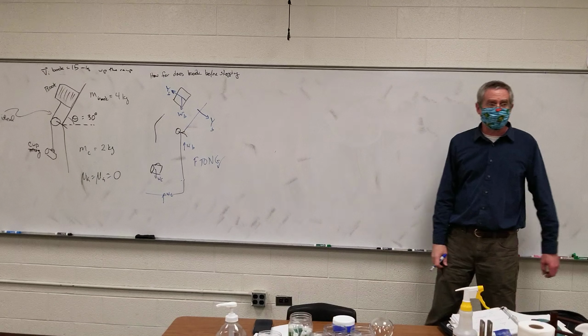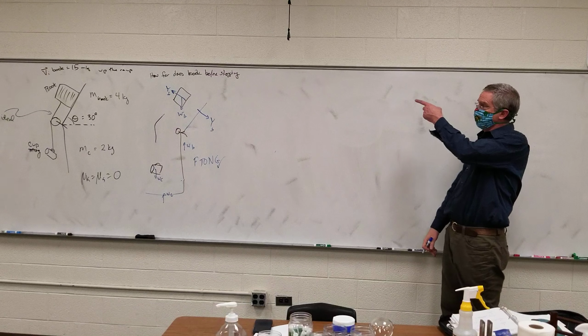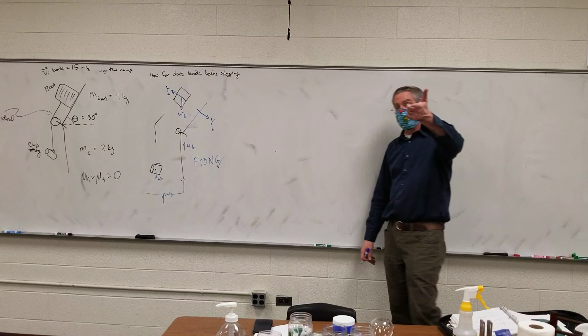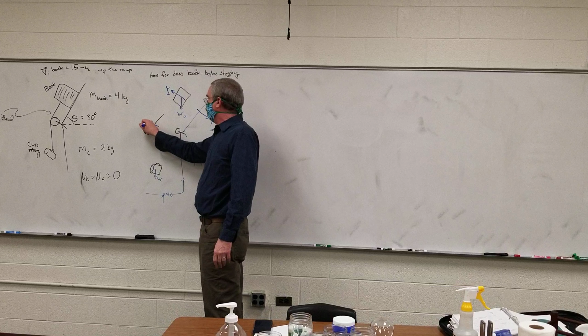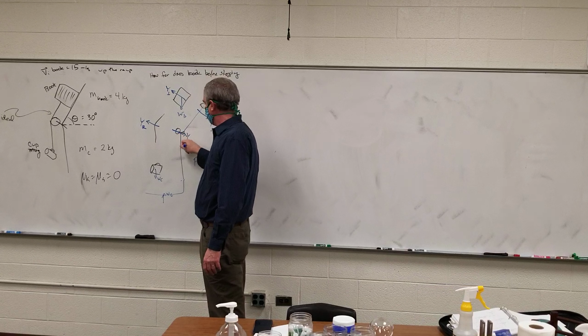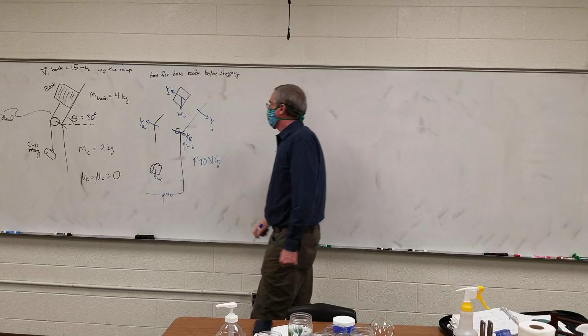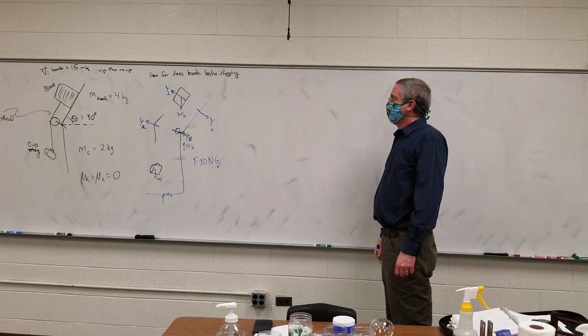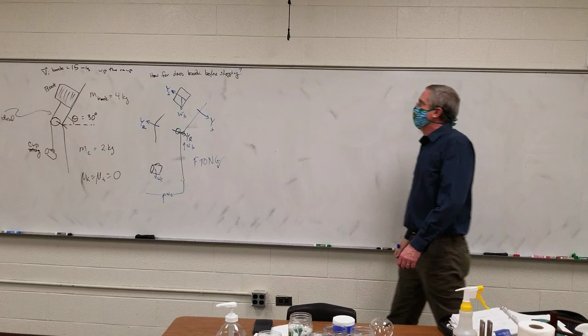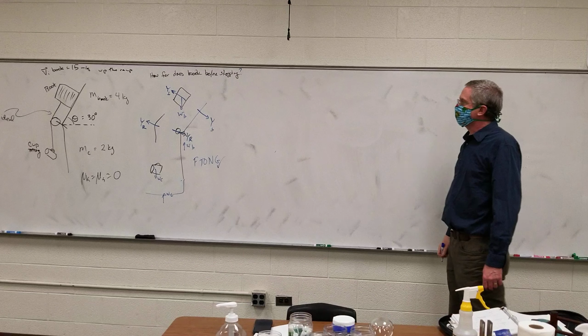There's one other pair of normal forces. It does not have bearing on the actual solution to the problem, but for completeness, the rope and the pulley. Say again? The rope and the pulley. Are we assuming the pulley is part of the house? Yes. Okay. There's no other force.